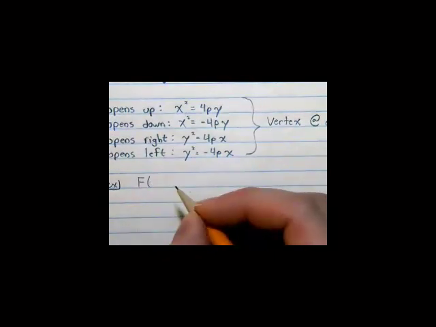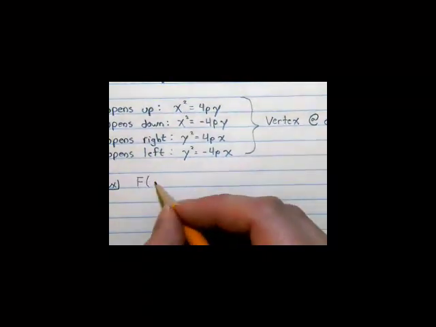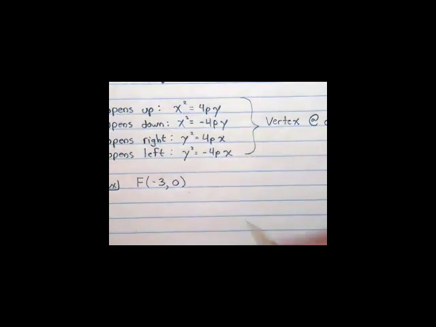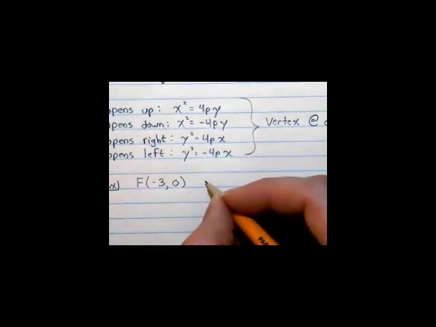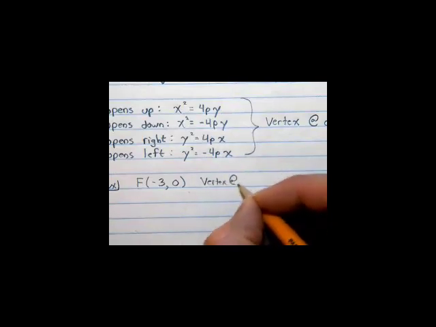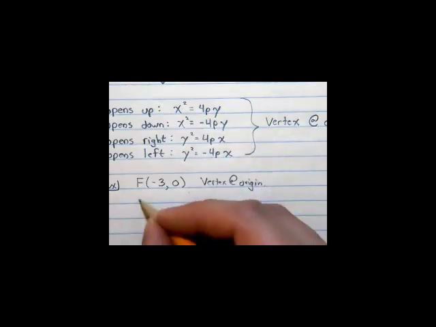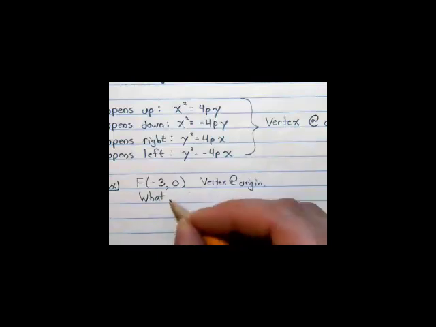The focus is at -3, 0. And yeah, vertex at origin. So what is the equation of the parabola?